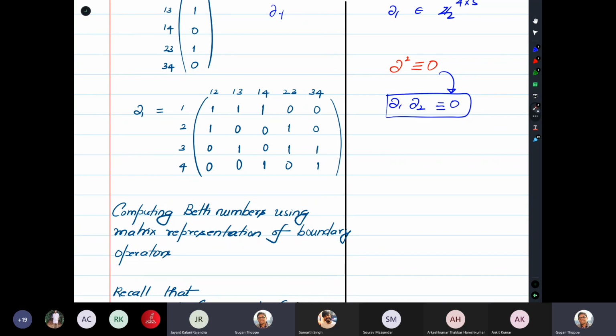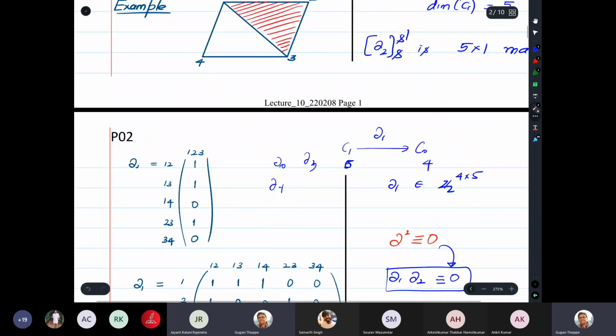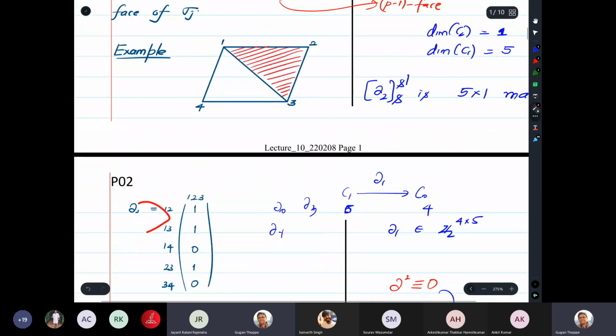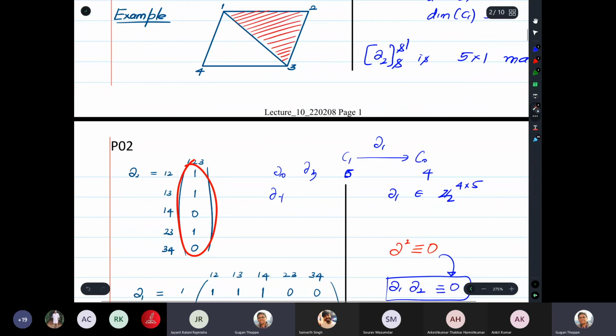Here, notice that in order to construct these matrices, nowhere did we compute the homology groups, right? These boundary operators only looked at what the domain and codomain vector spaces are, in particular what C_p and C_{p-1} are. That's all we needed to know.